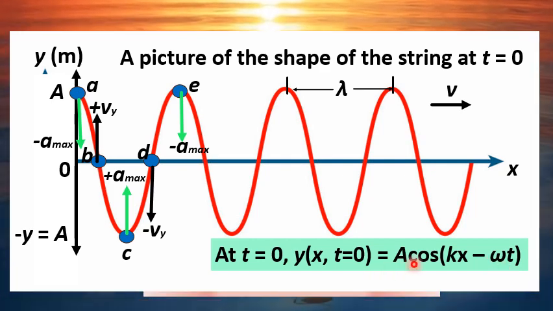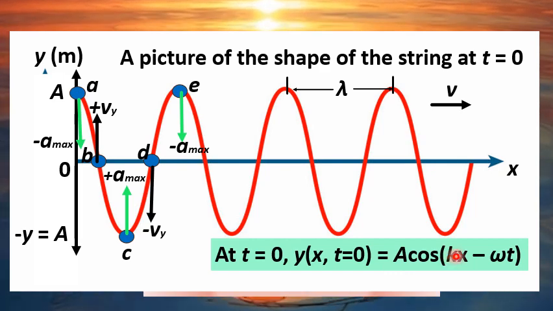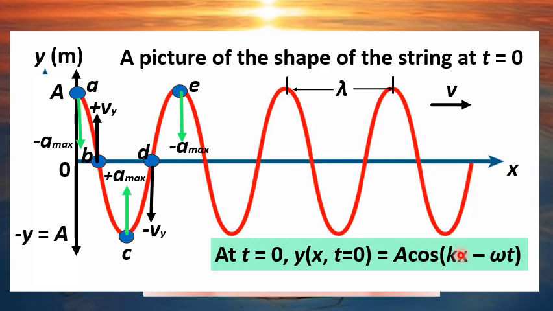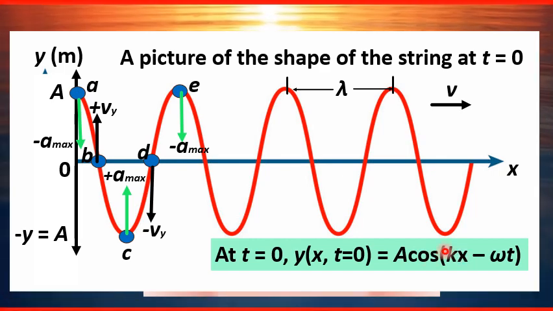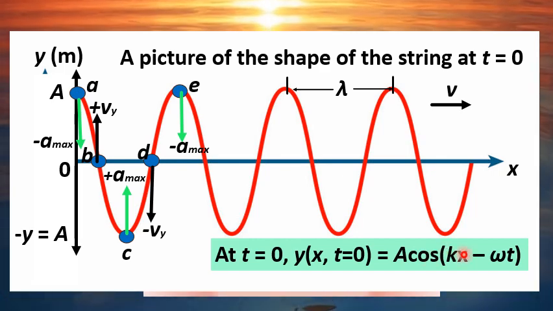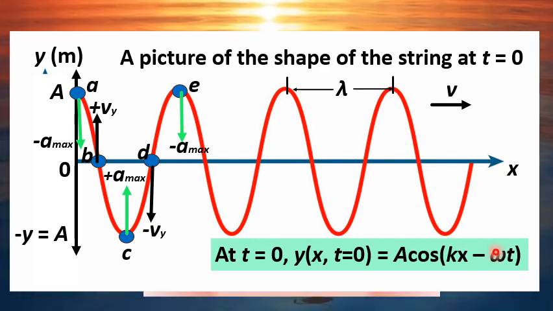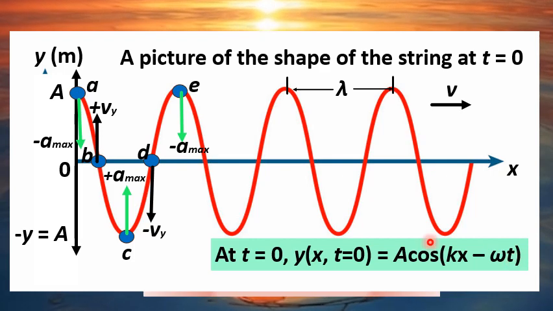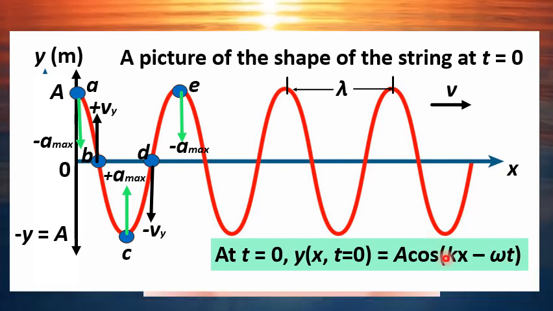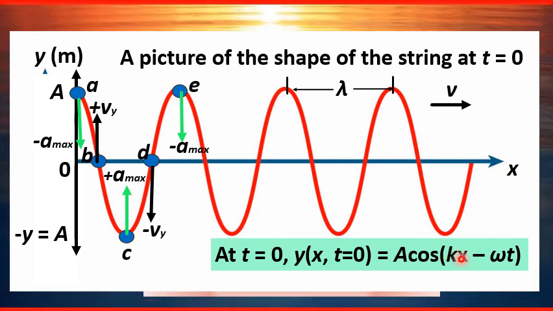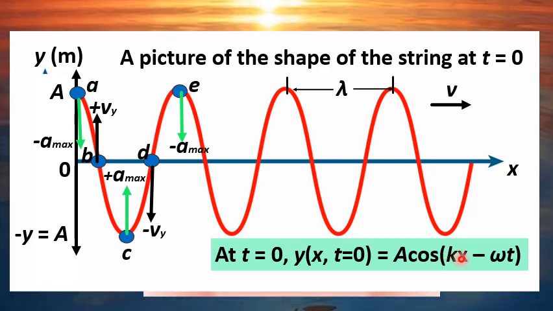With x equals 0 and time equals 0, the value inside the parentheses is equal to 0. kx is 0, omega t is 0. And what is the cosine of 0 radian? Of course, it is equal to 1.